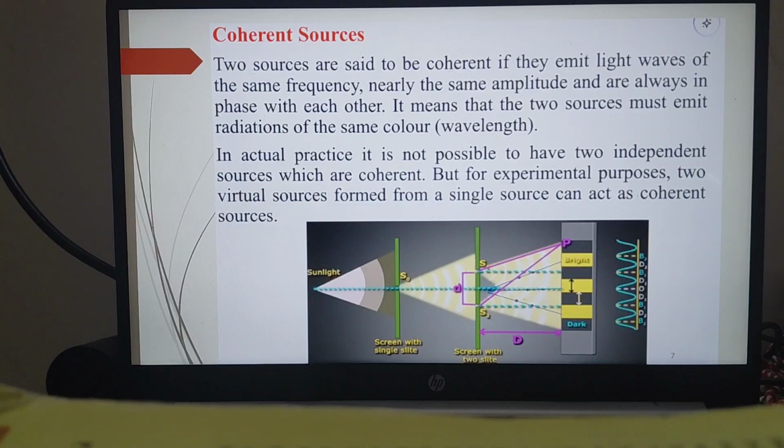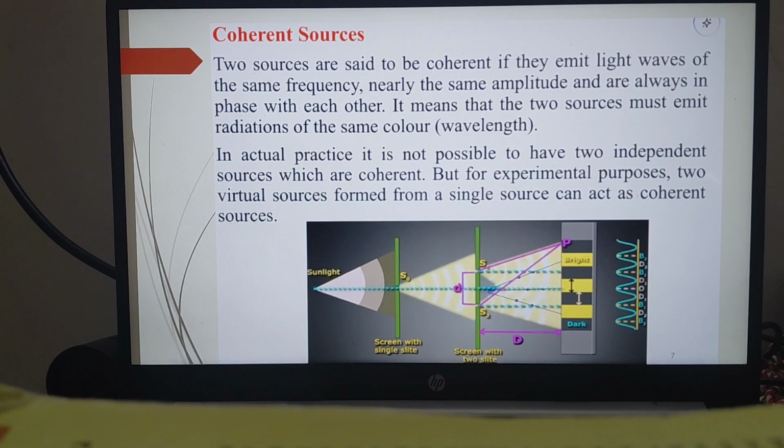Two sources that emit light waves of the same frequency and nearly the same amplitude, and are always in phase with each other, are known as coherent sources. Okay, it is enough for our study.